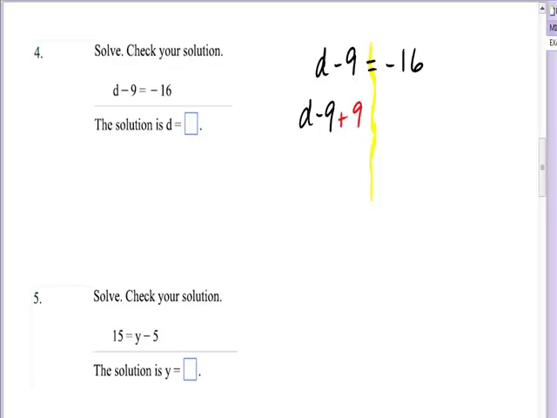So you'll add 9 to the left, equal sign, negative 16, add 9. On the left, negative 9 and positive 9, or subtracted 9 and added 9, cancel out, and I have d is equal to negative and positive, subtract and keep the sign of the larger. That's going to give me a negative 7.